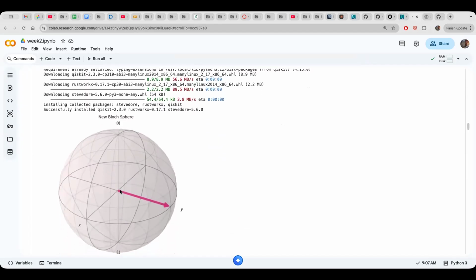Now, the state which we call 0, the one computational basis state, you can think of as the north pole of this Bloch sphere. So the values on this sphere are equal to 1.